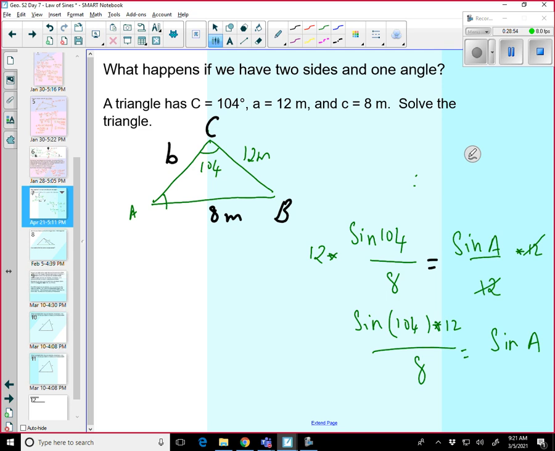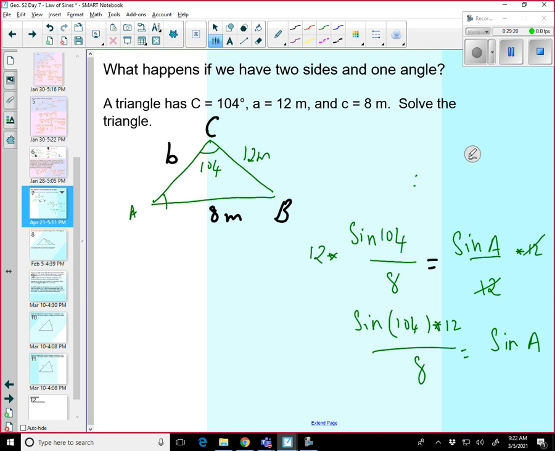Simplify this in the calculator. Sine of 104 times 12 divided by 8. That gives us 1.455.